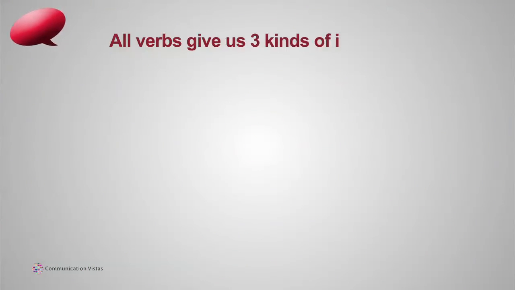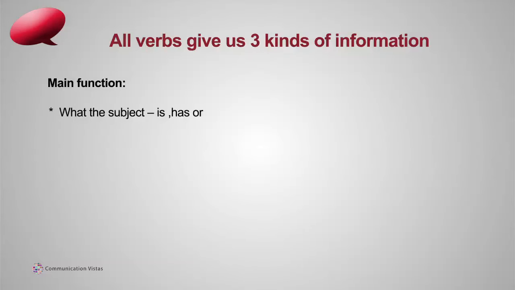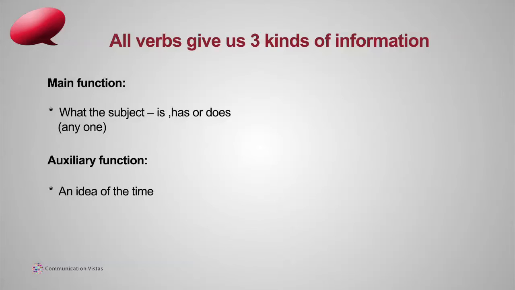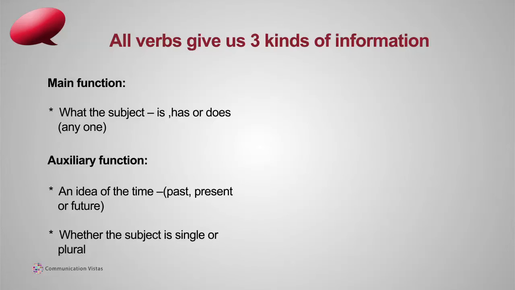All verbs give us 3 kinds of information. Main function: what the subject is, has, or does. Auxiliary function: an idea of the time, past, present or future. Whether the subject is single or plural.